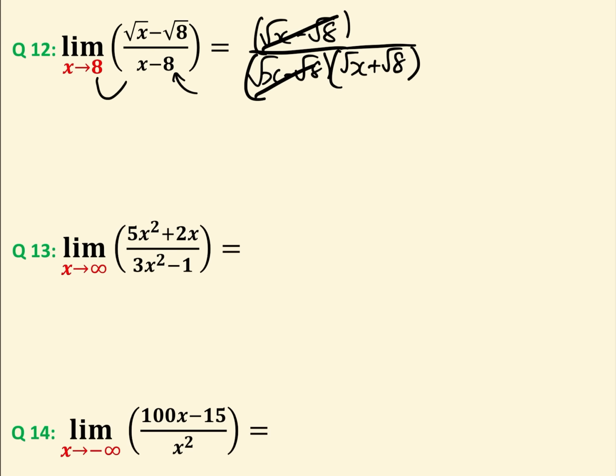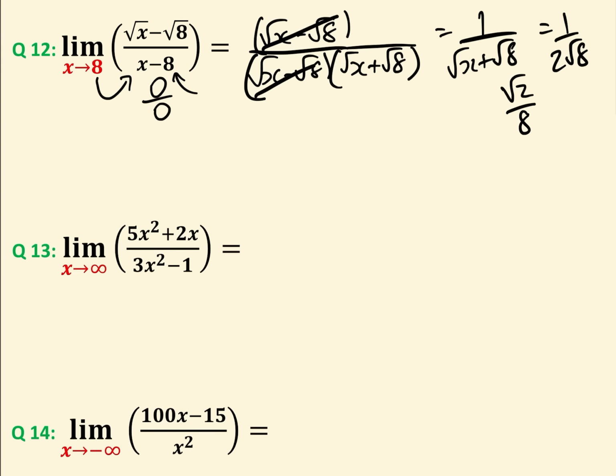Oh, sorry, I forgot to say, if we put 8 in here, we would again get 0 over 0. That's why we need to factorise. And so that gives us 1 over (root x plus root 8). Now we can put 8 in, which gives us 1 over 2 root 8. And we can simplify that to root 2 over 8. And that is the limit for question number 12.